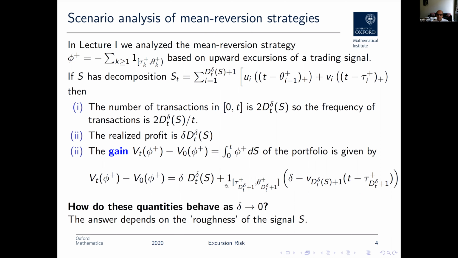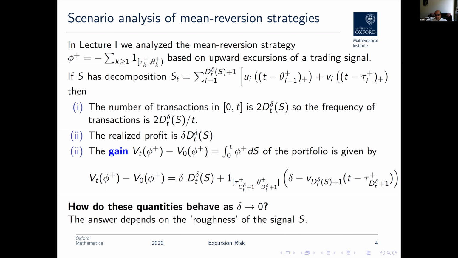So one of the questions in the design of these mean reversion strategies is how do you choose the threshold delta? Especially in intraday trading, most of these strategies involve intraday trading. You can choose very small threshold delta, which corresponds to very frequent trading. So one question we're going to look at today is how do these quantities behave as delta goes to zero?